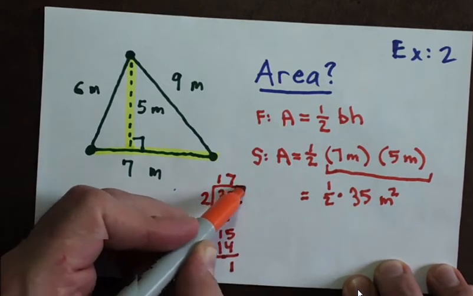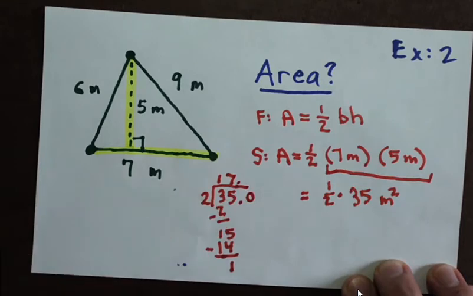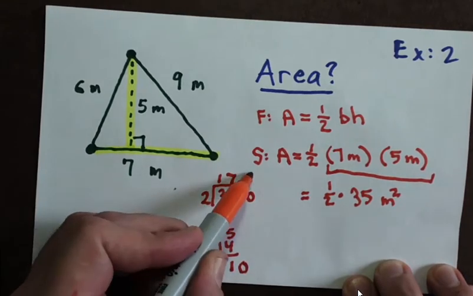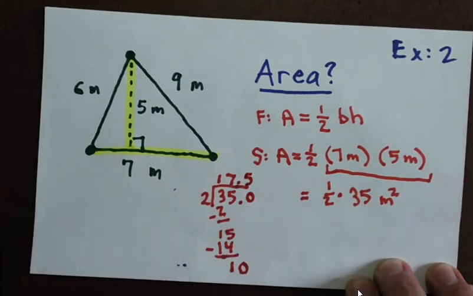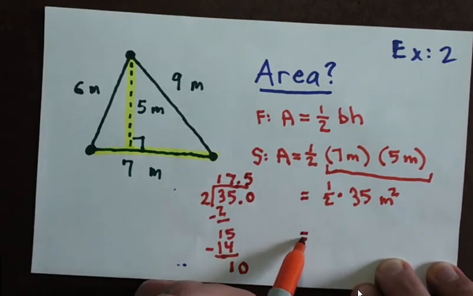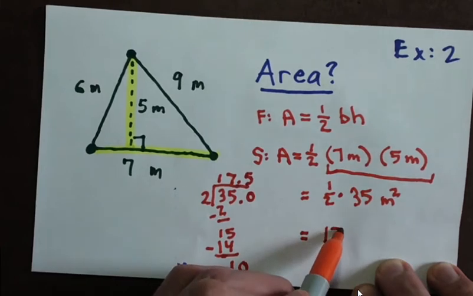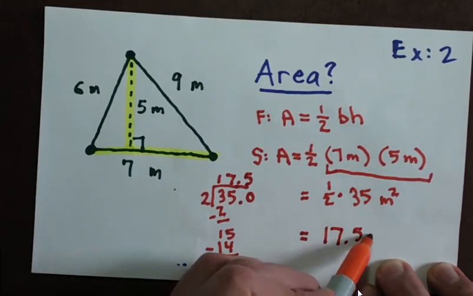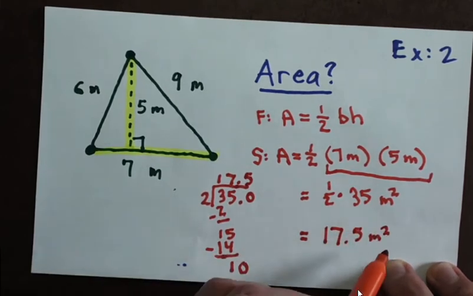So we have one left over, so we add our decimal and our 0. Drop that 0 down right here, and 2 goes into 10 5 times. Alright, so that means that this equals 17.5 meters squared. That's our answer.